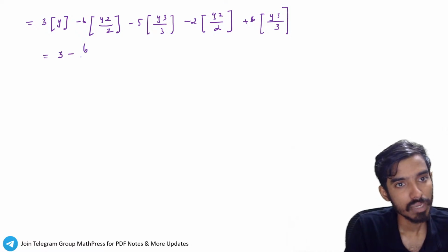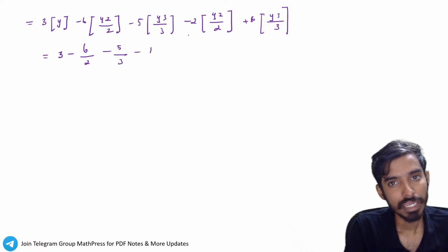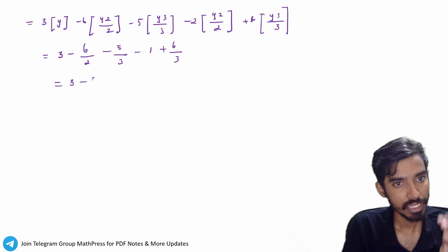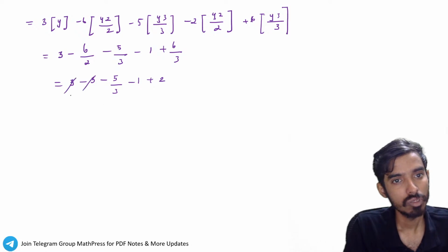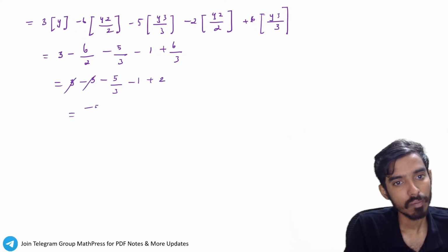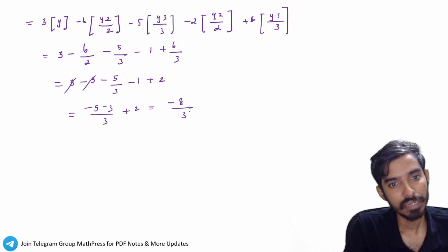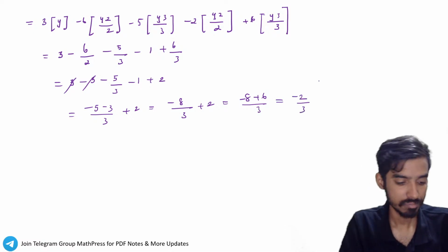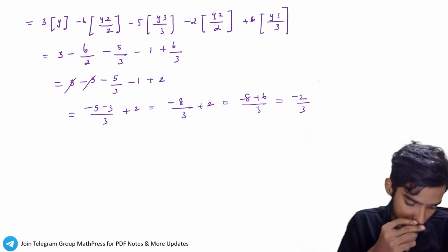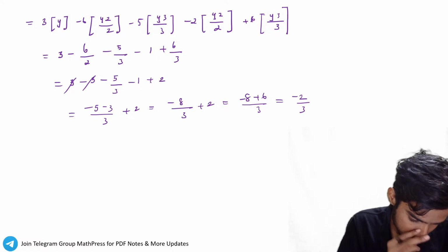So 3 minus 6 by 2 minus 5 by 3 minus 1 plus 6 by 3. So this will be 3 minus 3 minus 5 by 3 minus 1 plus 2.